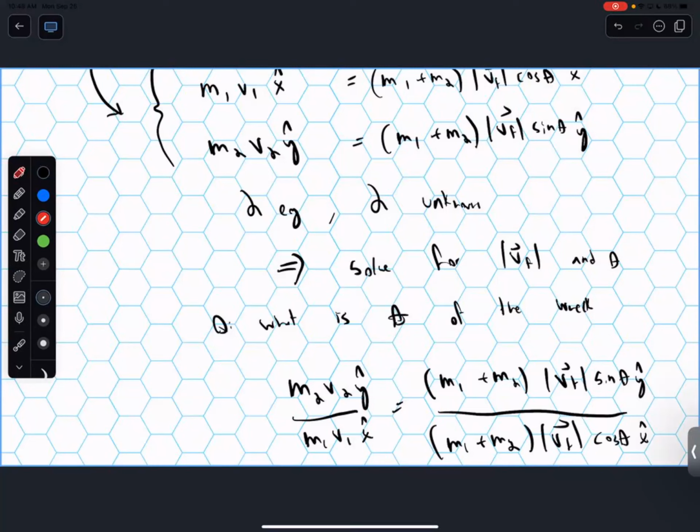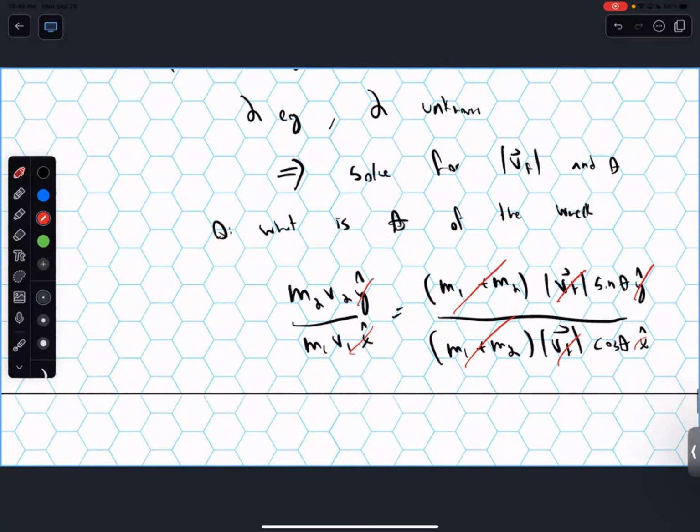Now I'm going to cancel a whole bunch of things. x hat appears on both sides, so that cancels. y hat appears on both sides, so that cancels. m1 plus m2 appears on both sides, so that cancels. And so does the magnitude, conveniently, of vf. So this simplifies a whole bunch to m2 v2, just the magnitude, over m1 v1 equals the tangent of theta. A bunch of stuff cancels out.